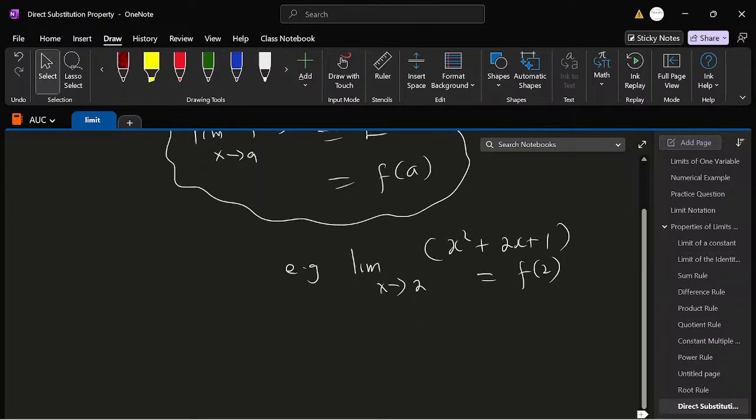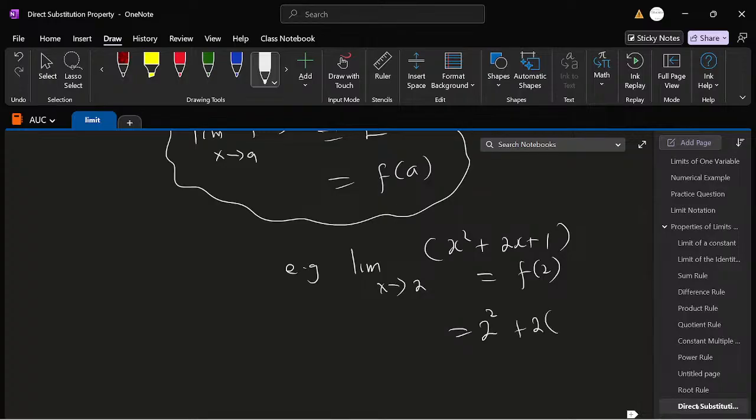This will be equal to 2 to the power of 2, plus 2 into 2, plus 1. So this will be 4 plus 4 plus 1, and it will be equal to 9. So that is the direct substitution. You should take note of this. These are the properties of polynomials.